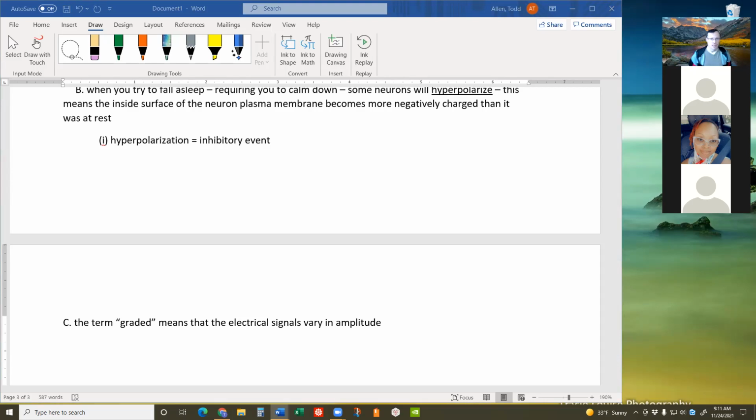In figure 12.16, which hump, green, blue, or purple, has the largest amplitude? Which hump has the largest amplitude? Okay, thank you, Shay. Shay's absolutely right.